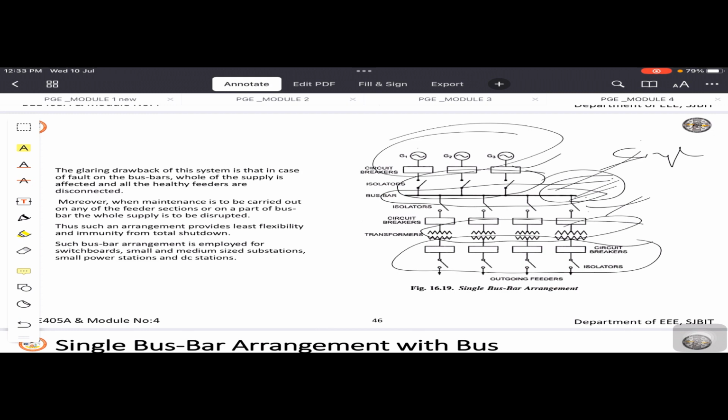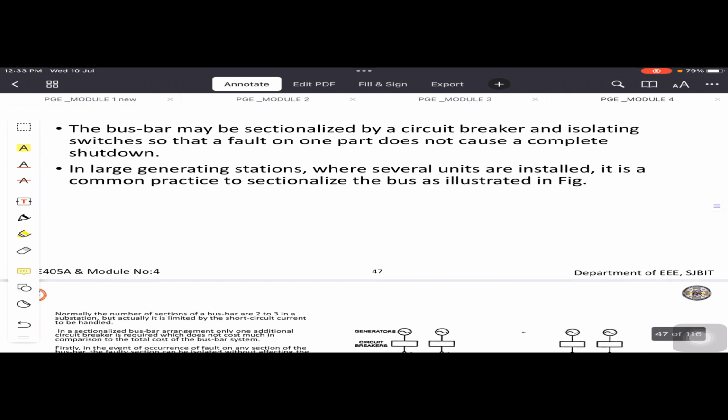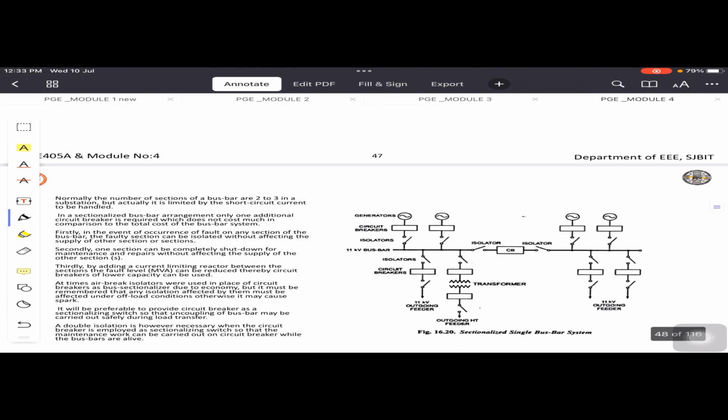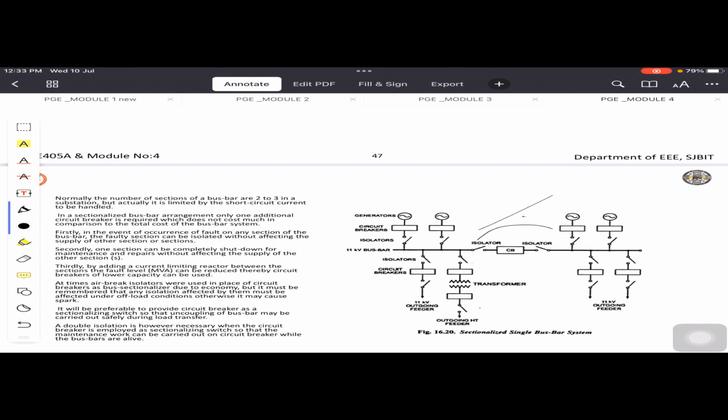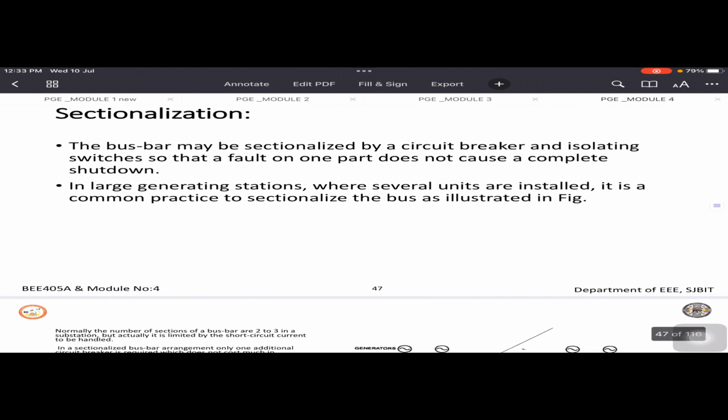Now, the second one, single bus bar arrangement with bus sectionalization. Almost everything remains the same here, other than a sectionalization made on the bus bar itself. What is the advantage?